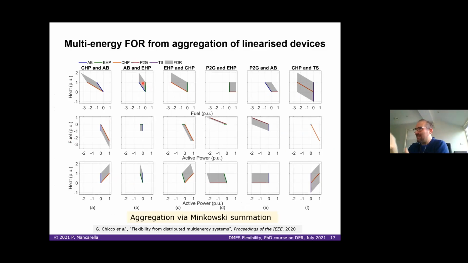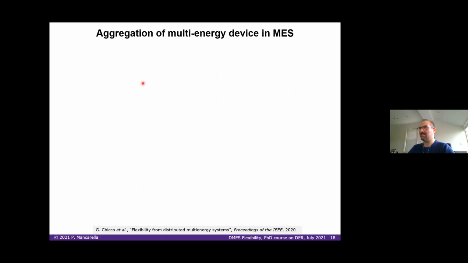And mathematically, you see that from two lines where there is no flexibility, I now create a region, and I can play in different operating points inside a region. And I can do this across energy vectors. So that is exactly the rationale of the multi-energy system.